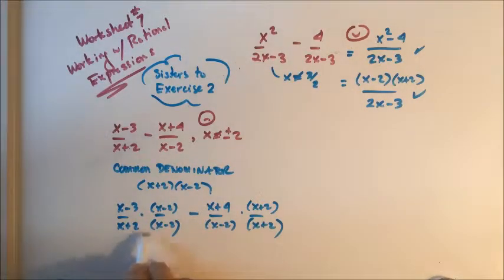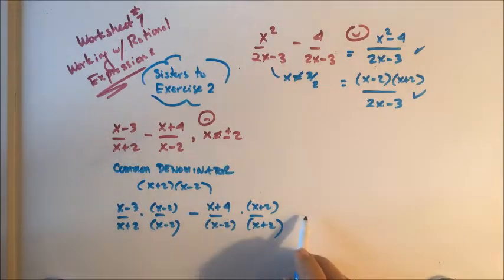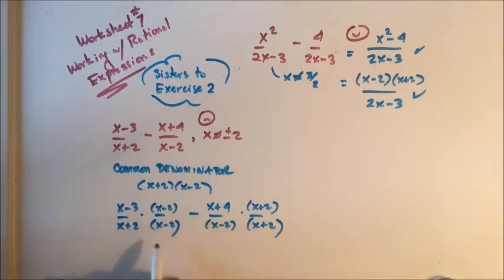Now, this is a difference of squares, so maybe you should see this as x squared minus 4. And this has a denominator of x squared minus 4. So now I'm going to be able to conduct this subtraction problem over the denominator x squared minus 4, or x minus 2 times x plus 2.